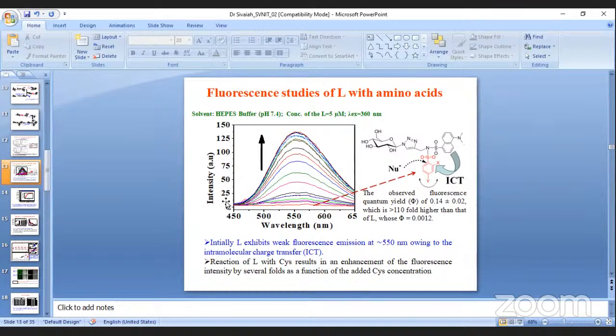I have done these studies in HEPES buffer solution. The concentration of this molecule is 5 micromolar. I have excited at 360 nanometer.